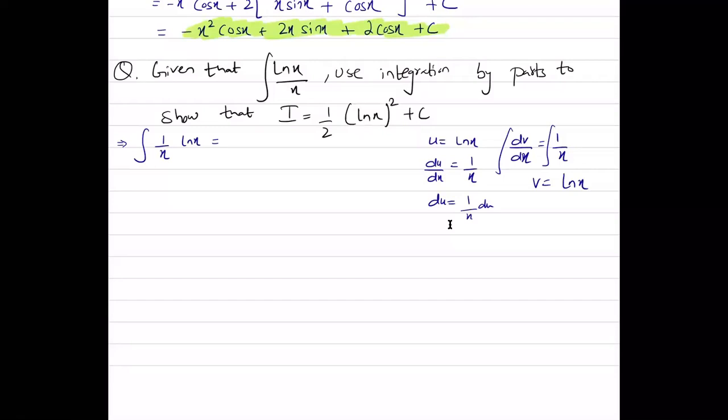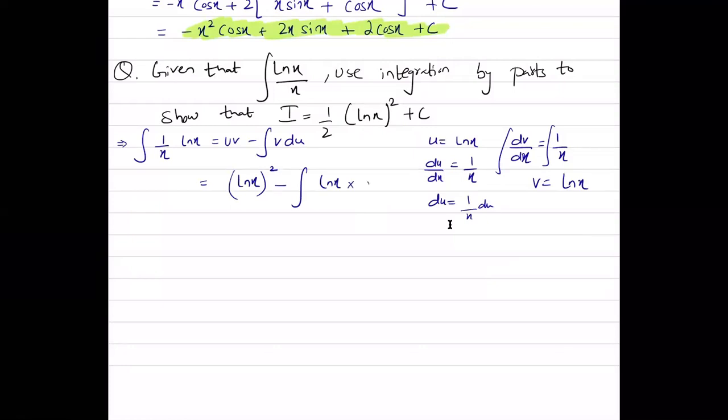Again, now if I apply the product by parts uv minus integral of v du, u is ln x, v is also ln x. So this makes it ln x the whole thing square minus integration of v, that is ln x, times du.